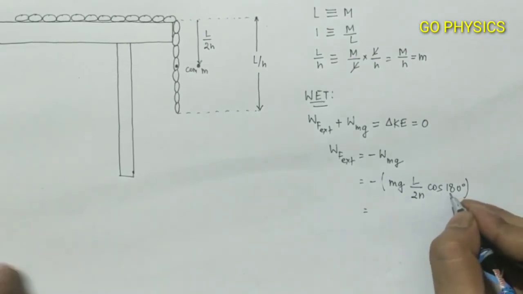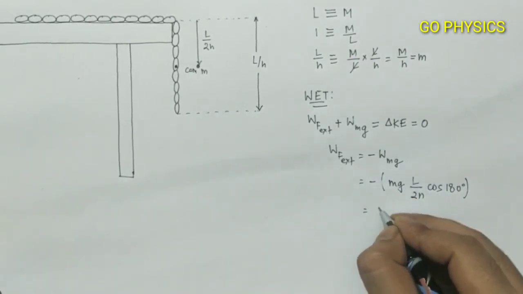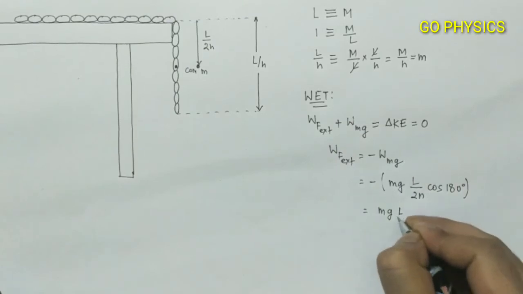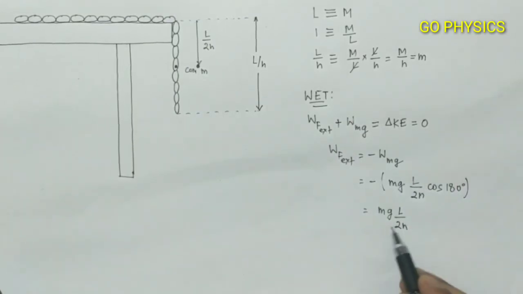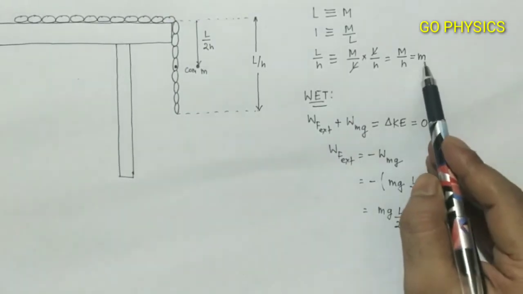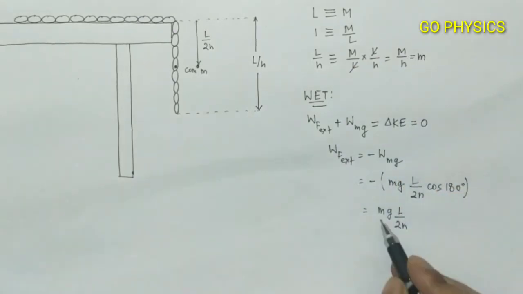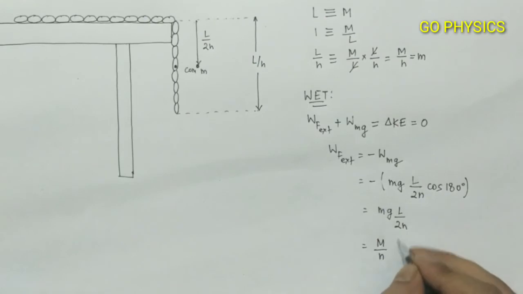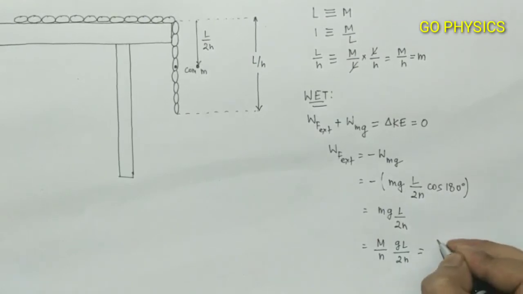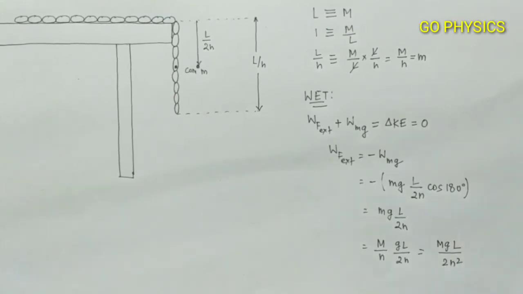Cos 180 degrees is -1, so minus minus plus, so this is equal to mgL by 2n, and the value of small m that we calculated earlier is capital M by n. So we substitute here M by n into gL by 2n. So this again becomes MgL by 2n squared, the same result we got earlier.